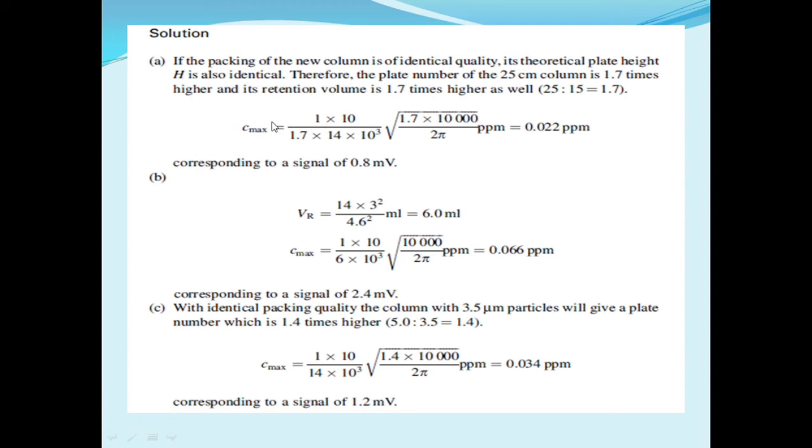Therefore to calculate C max, that is the concentration of the peak maximum, is equal to 1 into 10 upon 1.7, that is the retention volume, into 14 into 10 raised to 3.